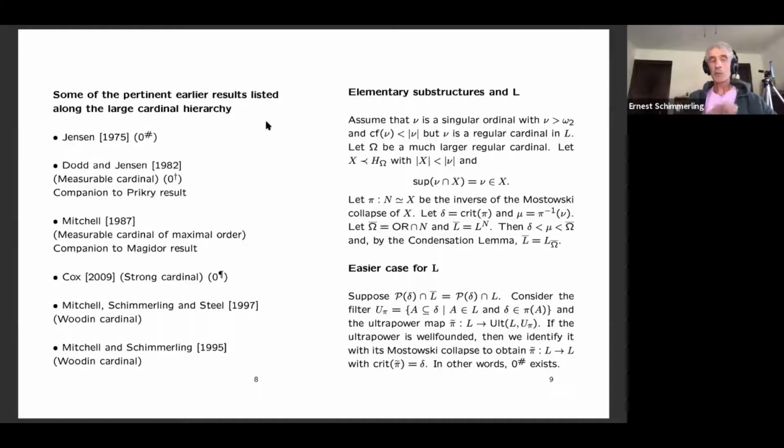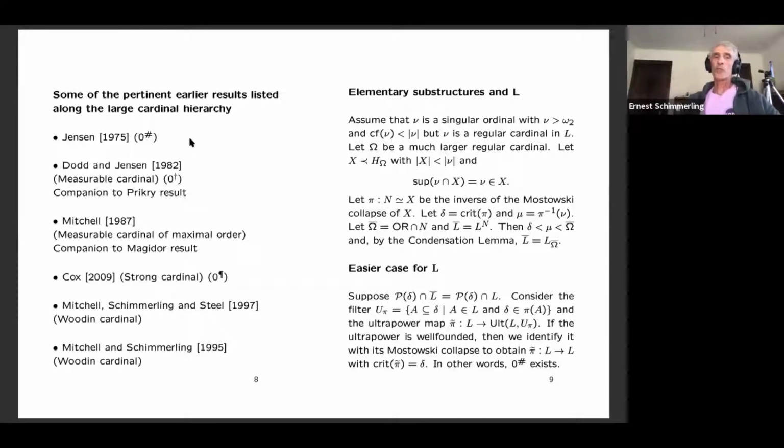The earliest result that got the whole area started, I would say, is Jensen's covering lemma for L. You can view Jensen's covering lemma for L as proving the same theorem that I stated, assuming that zero sharp doesn't exist. And you also note that there are no large cardinals in L, and so that possibility is excluded.